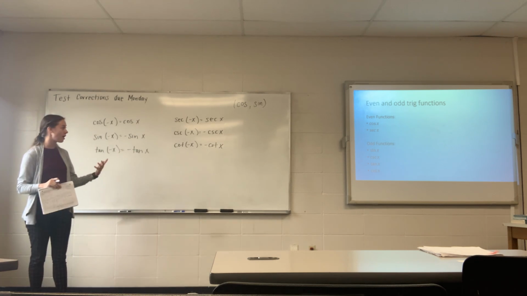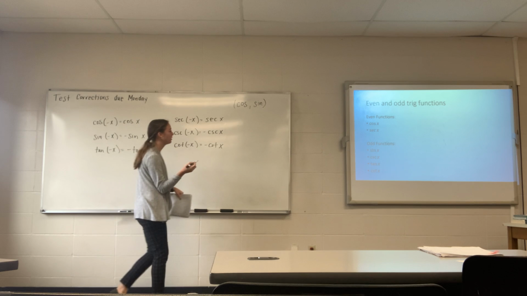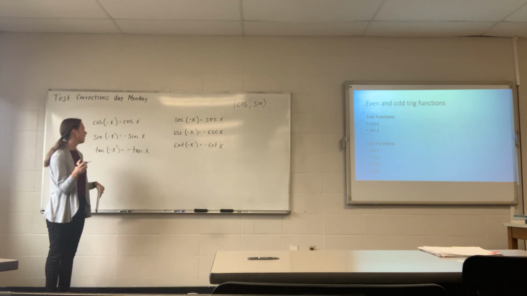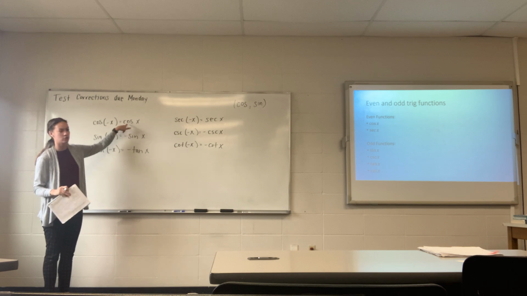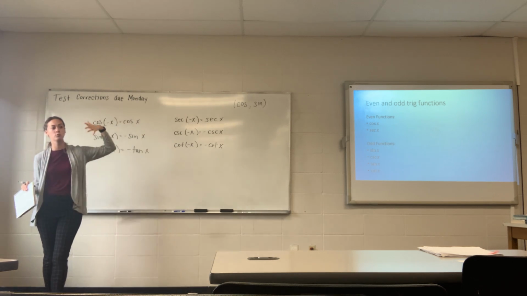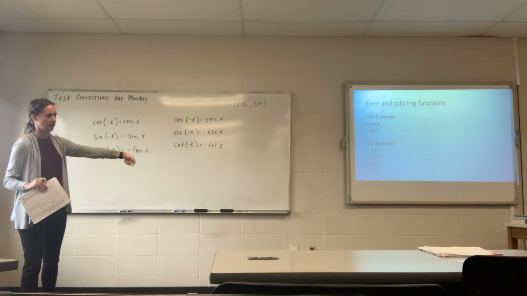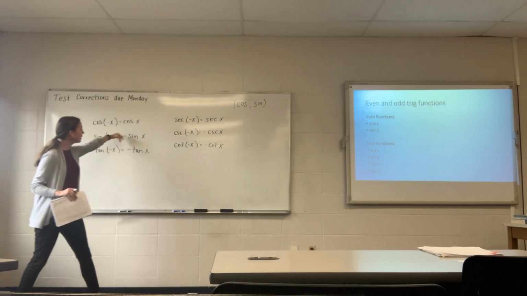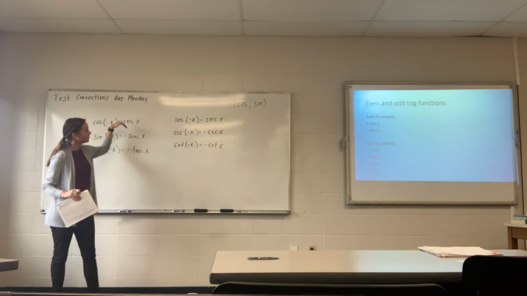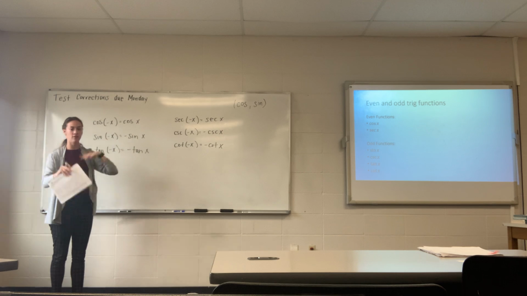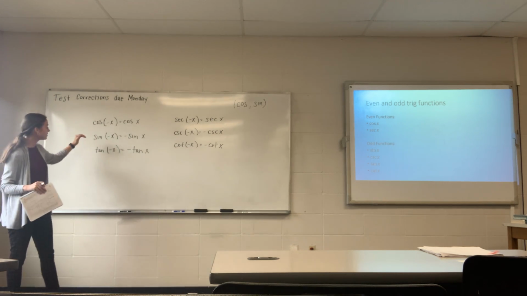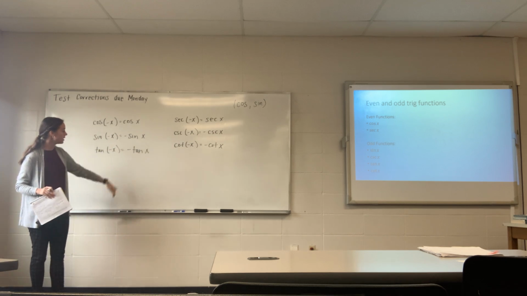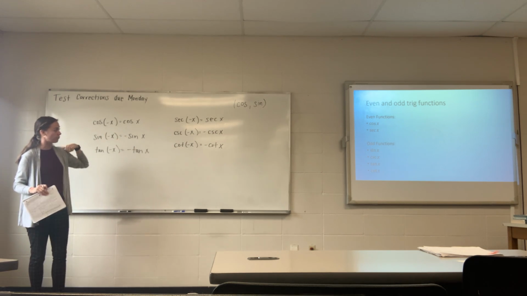So if you're solving a problem and it says find the cosine of negative 4, that's the same thing as cosine of 4, which helps with typing it into the calculator. Cosine and secant are both even, so the negative just disappears. But for sine, tangent, cosecant, and cotangent, the negative gets factored out front.